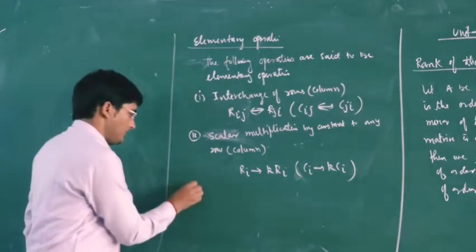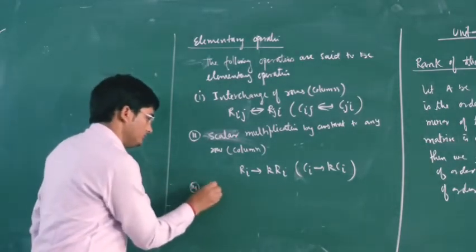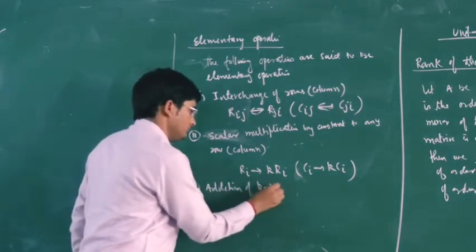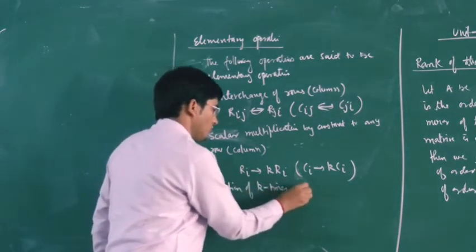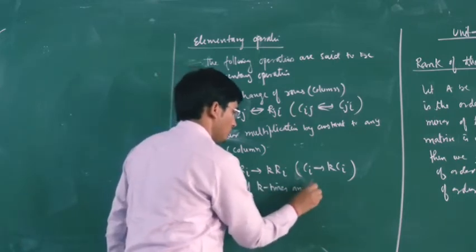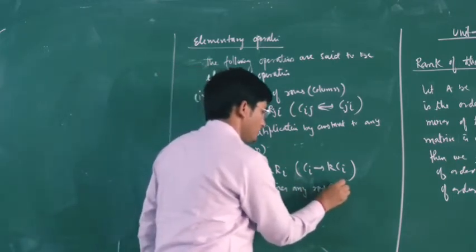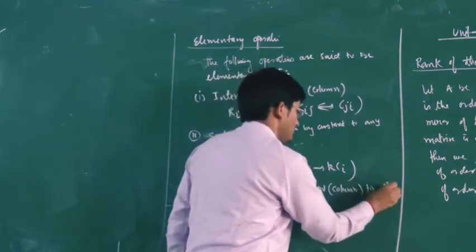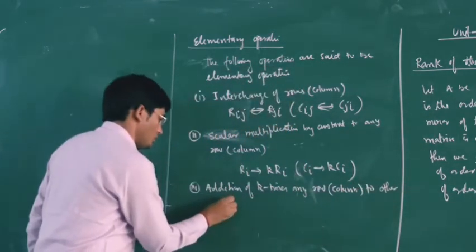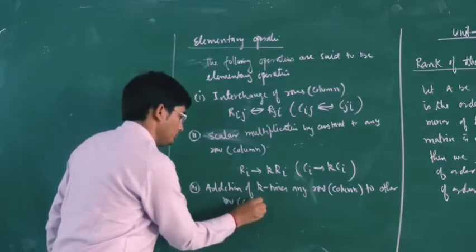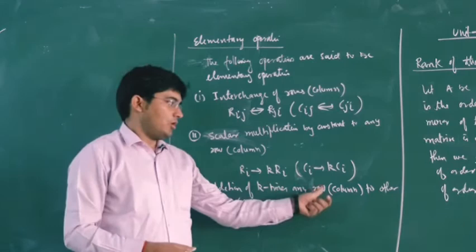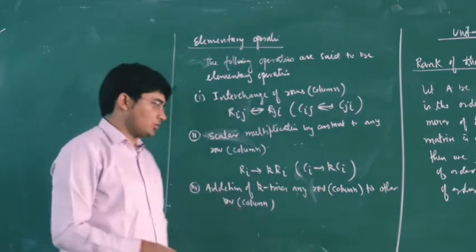Then addition of k times any row or column to other row or column.